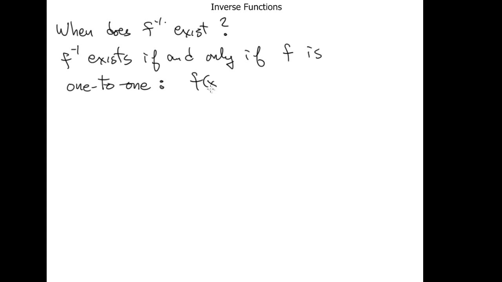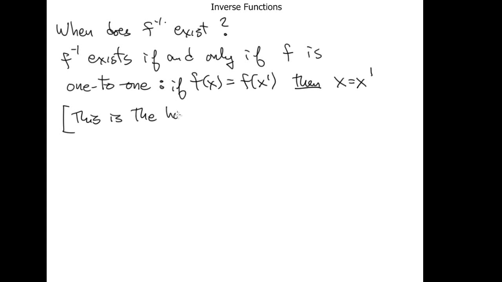What does 1 to 1 mean? 1 to 1 means if f of x is equal to f of x prime, then x has to equal x prime. 1 to 1 means it never takes two different points to the same point. And this is just a mathematical non-picture way of saying the horizontal line test. It's exactly what 1 to 1 means.